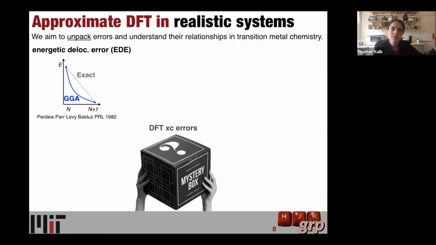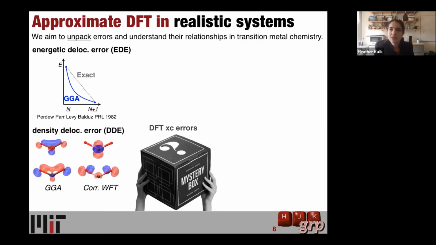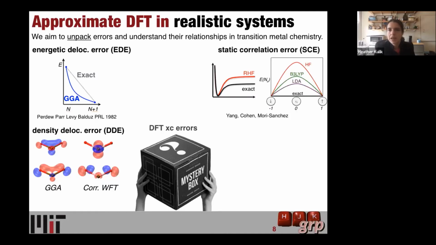That's how much we deviate from exact piecewise linearity. Then density delocalization error: we often talk about DFT+U as penalizing delocalization of the density. How much does that factor in, and how closely related is that to what I'll differentiate as the energetic delocalization error? And then static correlation error, which has not been as widely discussed in the context of DFT+U, but should be and will be the focus of some of the work I'll show you.